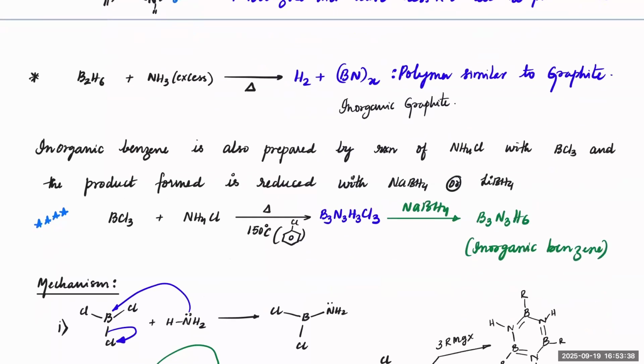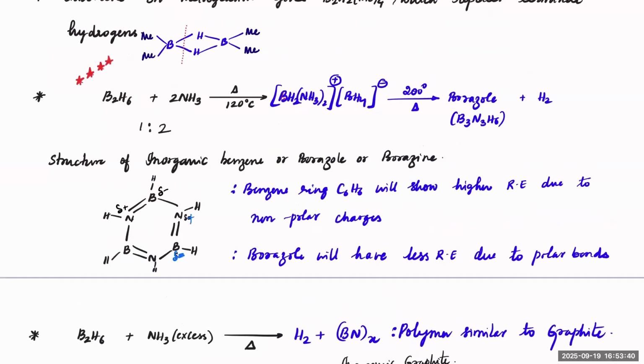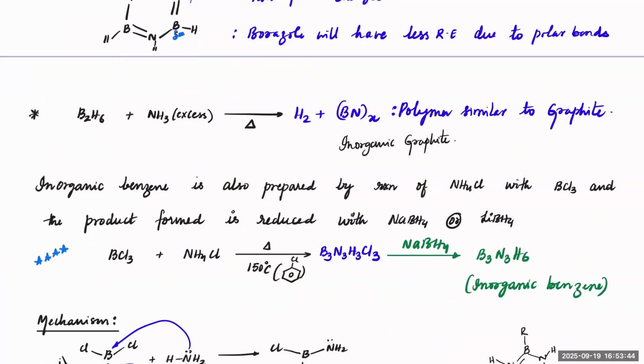Next. See, if you do not want to use it directly with this reaction, what you can do is heat it at a high temperature with excess amount of ammonia. Then all of the hydrogen will release as H2 gas, and nitrogen will combine with boron and convert into a BN polymer form which will look similar to graphite, or what we call inorganic graphite.